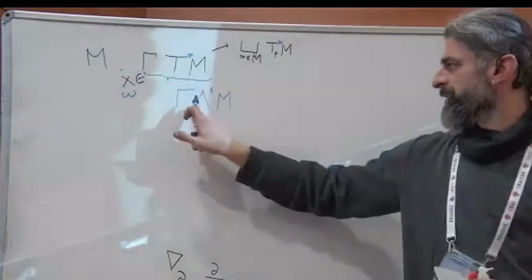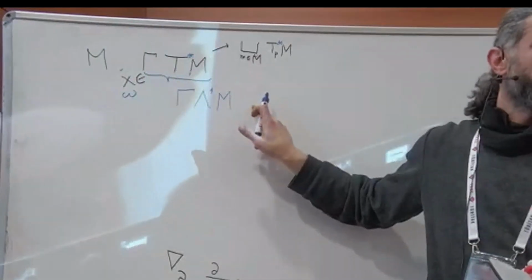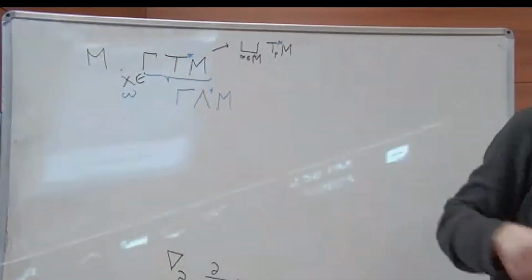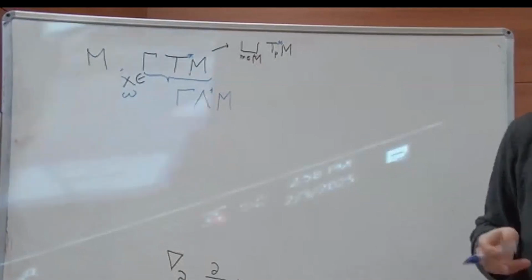Okay. This is the one-form bundle. One-forms are equal to dual vectors or covectors.